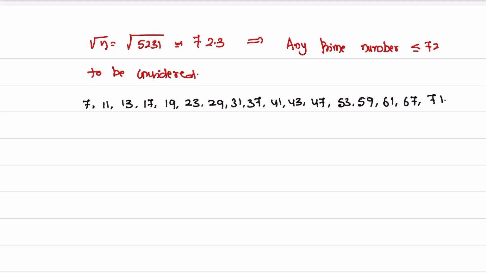How many numbers? 1, 2, 3, 4, 5, 6, 7, 8, 9, 10, 11, 12, 13, 14, 15, 16, 17. That means we have to cross check now only with the 17 numbers.